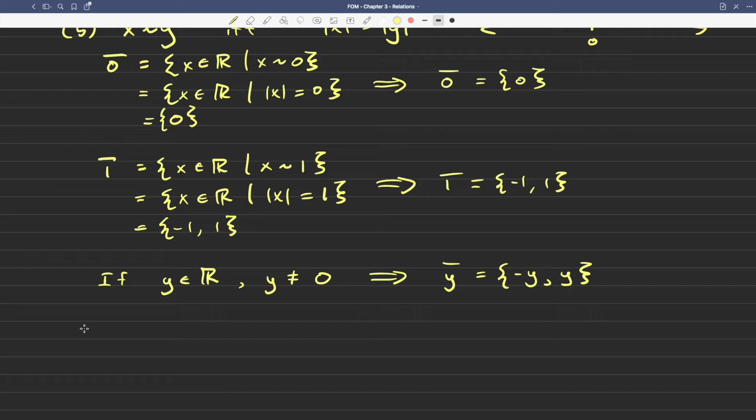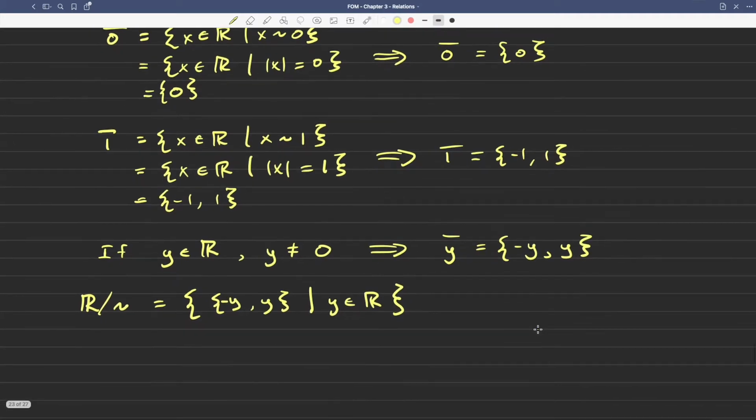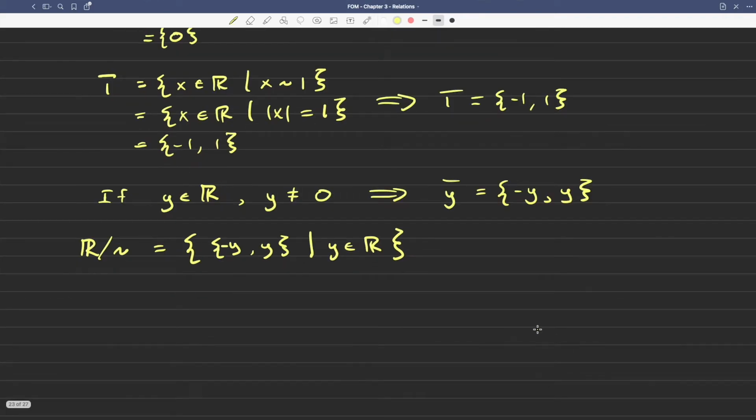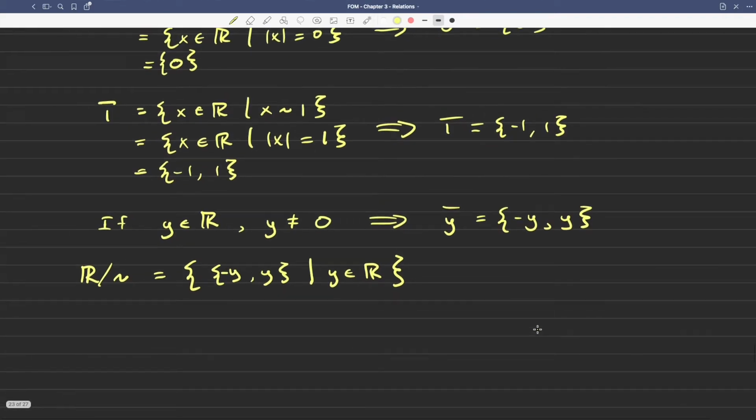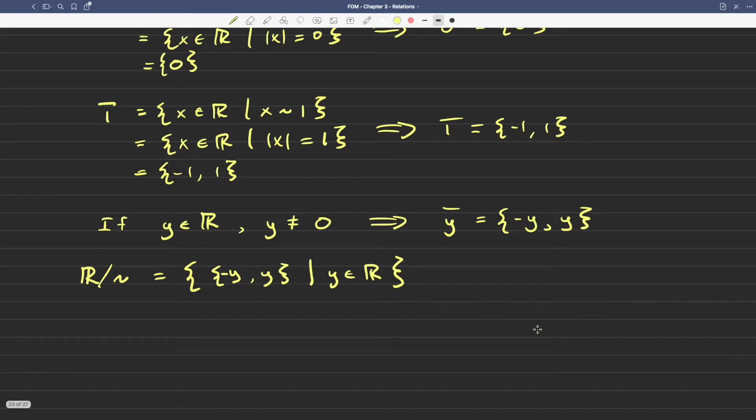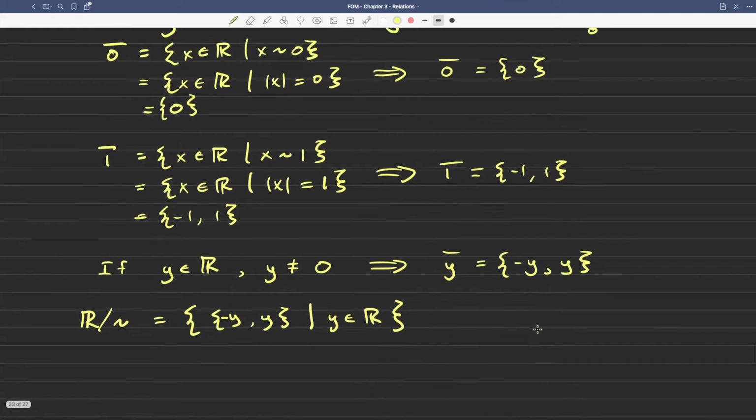The whole quotient space, R mod tilde here, is just going to be the set of all sets of the form {-y, +y}, where y is a real number. And that would even include the 0 bar. -0 and +0 would just collapse down to a single thing, to a singleton. So this is what all your equivalence classes look like. For the most part, you're getting these 2 element sets, except for the one degenerate case, 0 bar, where you get just a single element.